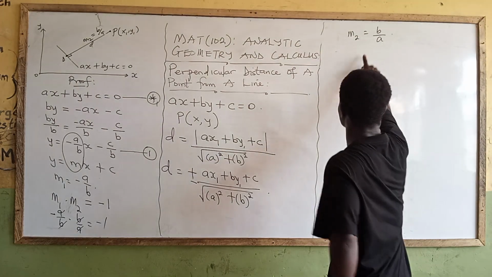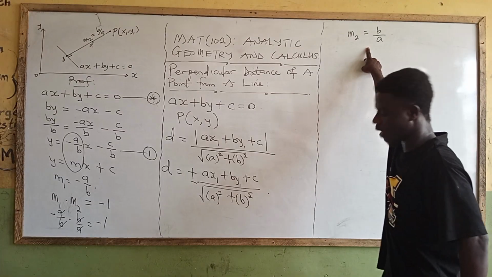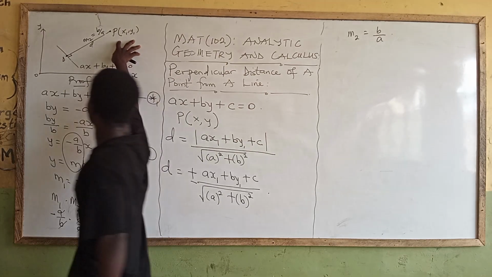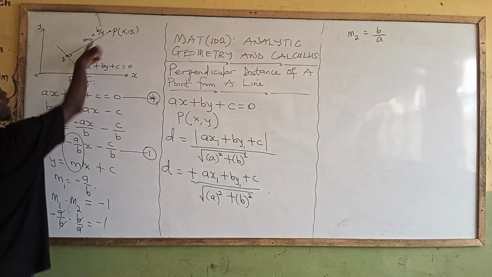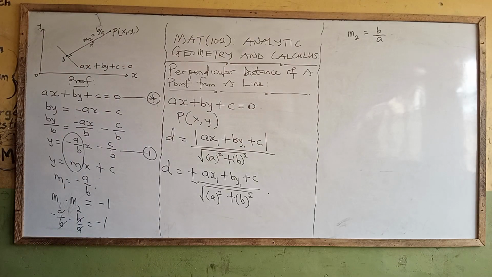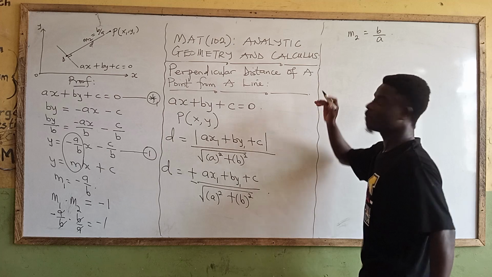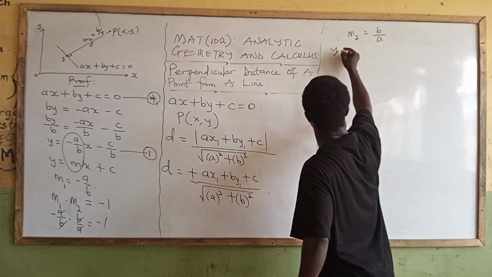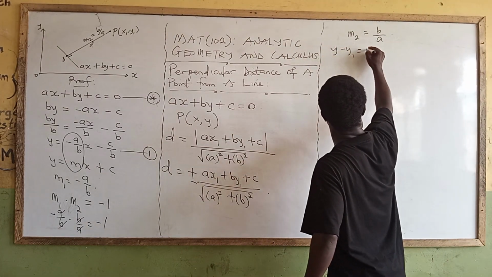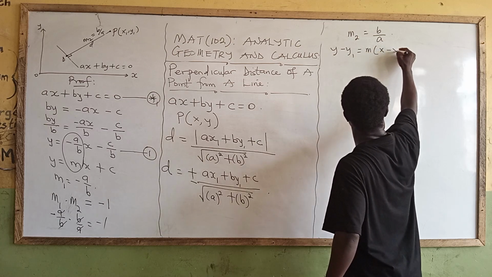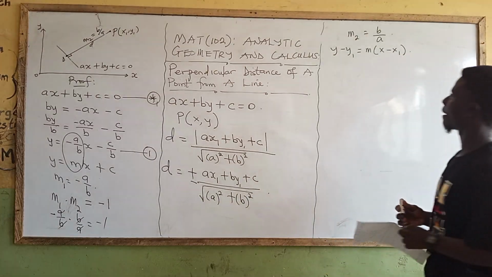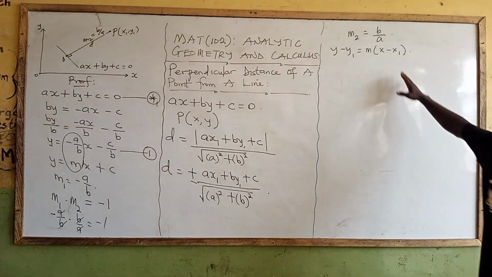So I'll use my second gradient, which is b over a, and this point P, (x1, y1), to find the equation of this line. So how do you find the equation? The equation of a line is given as y minus y1 equals m times the expression x minus x1. Right. So I'm finding what?